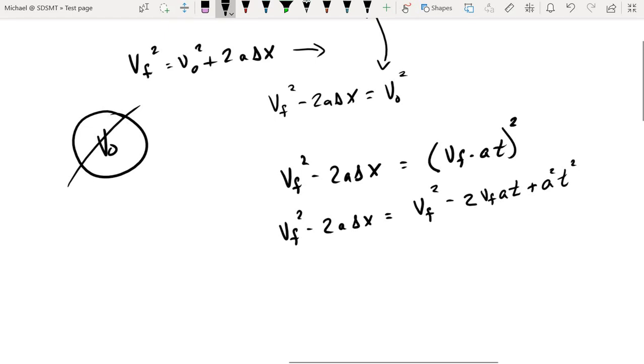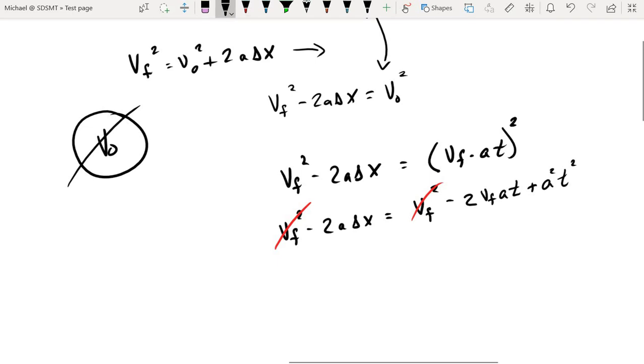Okay, so what can we do with that? Well, the v final squared terms will cancel out on each side. And what else do we have here?